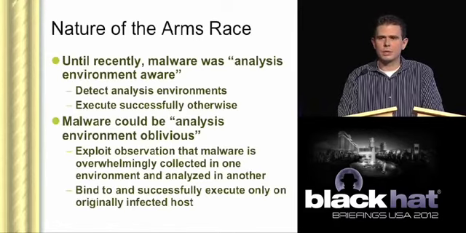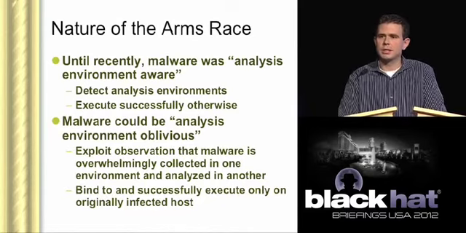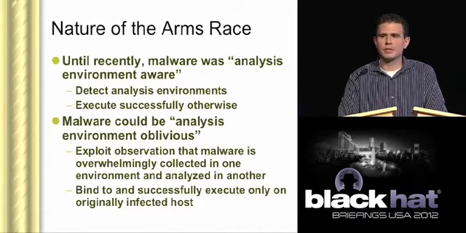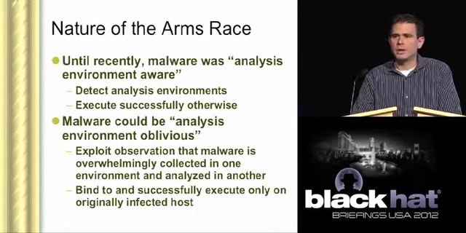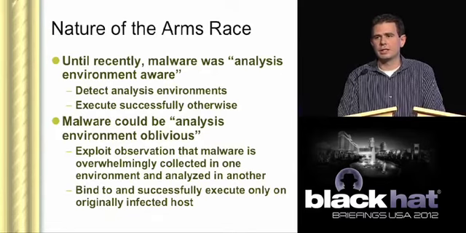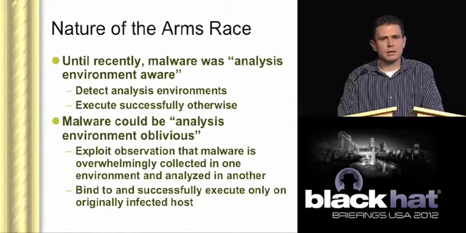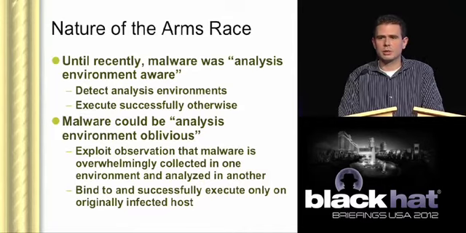However, there is no reason why malware could not be analysis environment oblivious, the inverted representation of the environment aware model, which means that malware will bind to and successfully execute only on the original infected host. It will assume any other environment in which it is executing is an analysis environment and will not execute successfully.